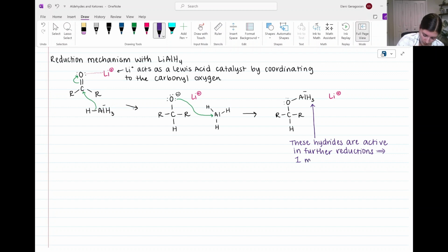So 1 mole of lithium aluminum hydride can reduce 4 moles of the aldehyde or ketone.